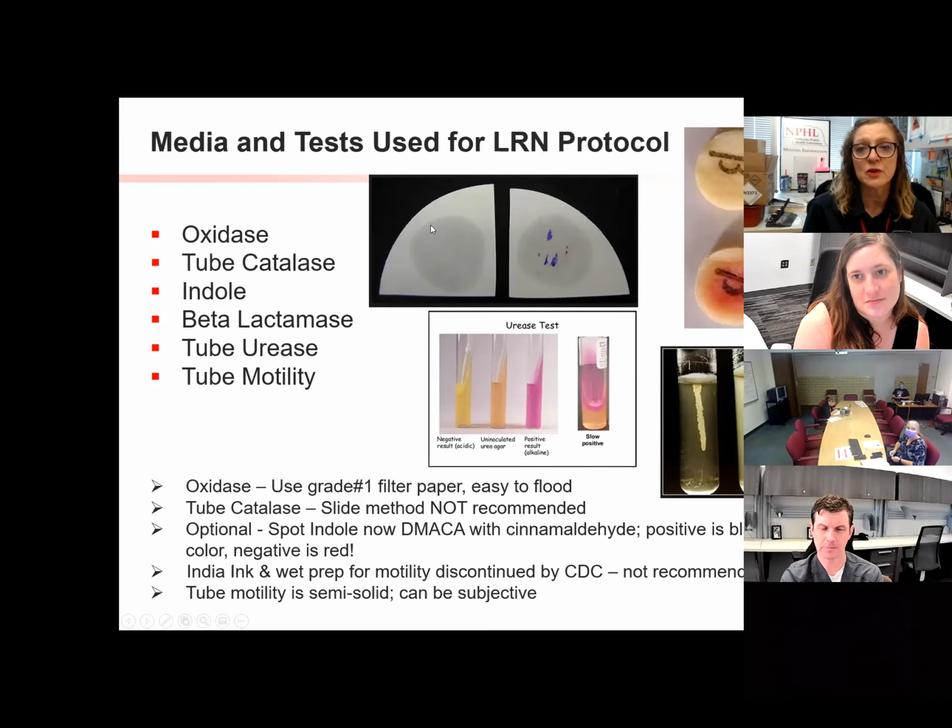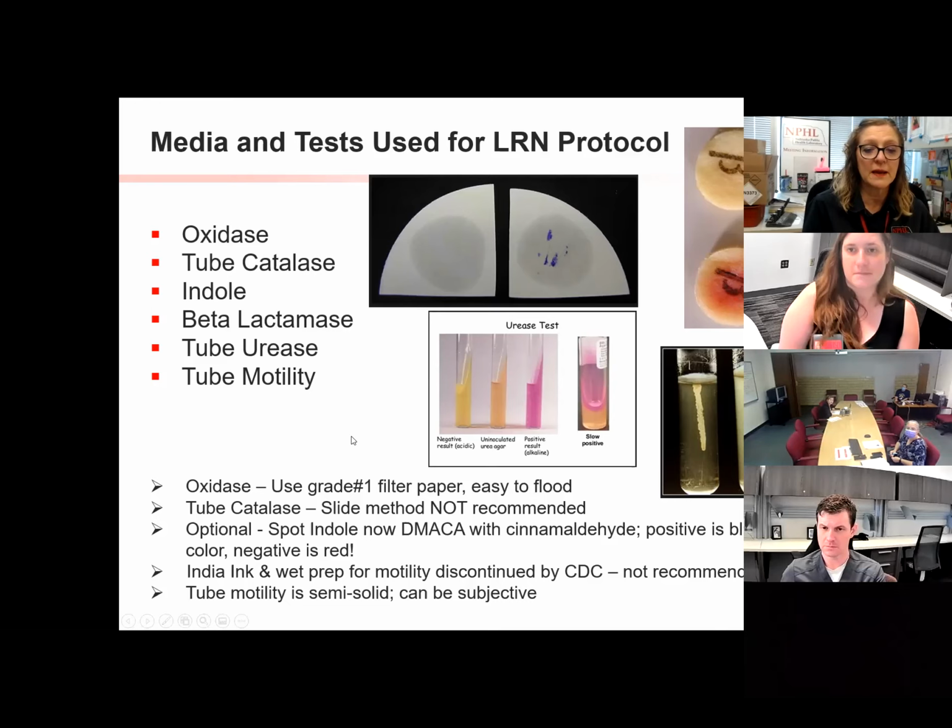And then, of course, beta-lactamase is a test that works differently for different organisms. Staph aureus takes about 15 minutes to turn, whereas some of our Haemophilus only take 1 minute to turn. So be sure to read the procedures and use the tests correctly.